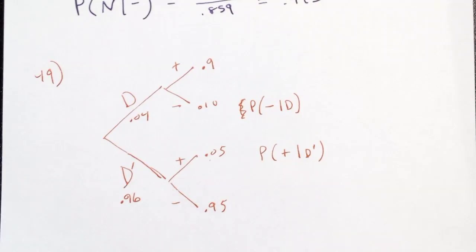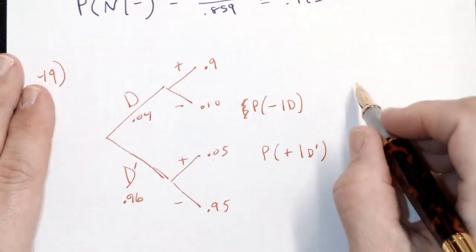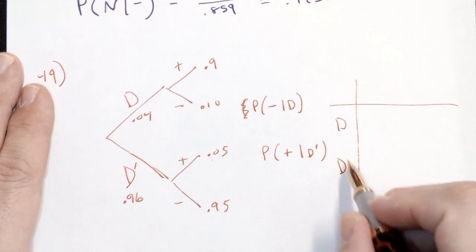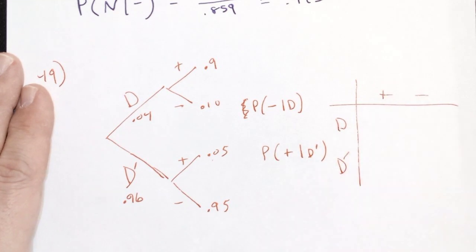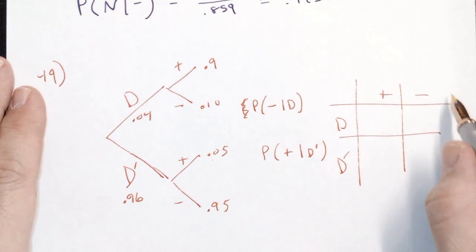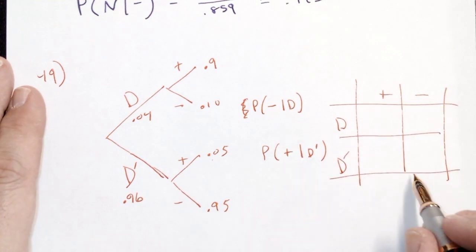But now I could make the chart and give you all the probabilities in the world you wanted, right? Either they're a drug user or they aren't. Either they got a positive test or they didn't. And I can fill in the numbers all the way around here.